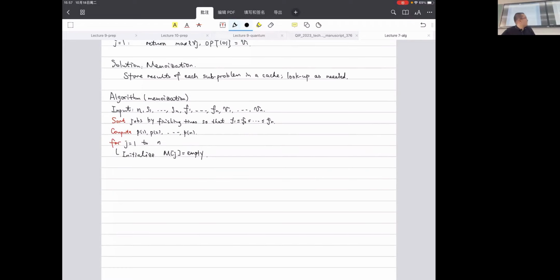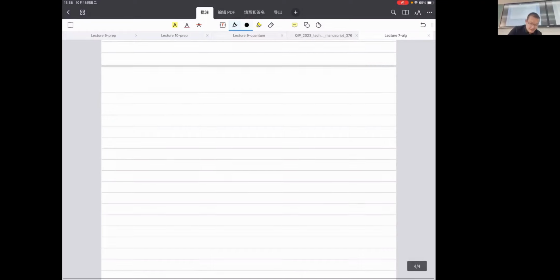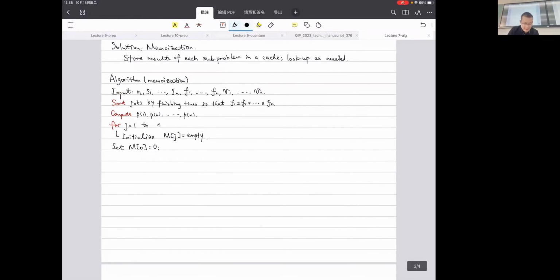We have this table M to save all the values. If needed, we can just look up the table instead of calling the recurrence here. So we set M0 to be 0. This is just saying that OPT0 is 0, because you cannot pick any interval here.